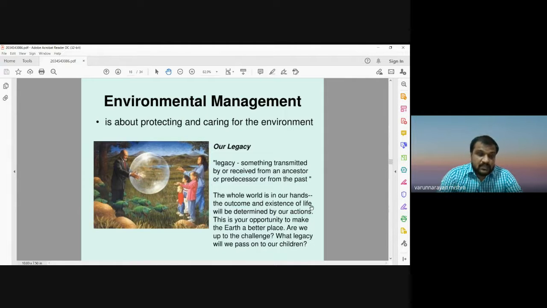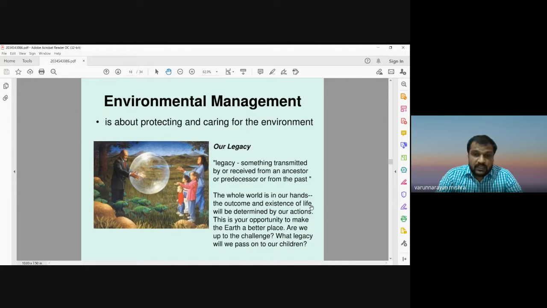Environmental management. Now we are going to discuss what environmental management is and how we can manage our natural resources and our environmental condition. Okay, so environmental management is about protecting and caring for the environment. Okay, a legacy means something transmitted or received from an ancestor or predecessor or from the past.